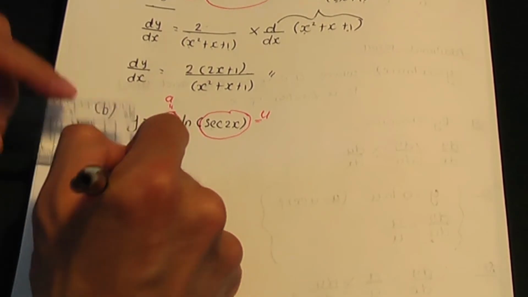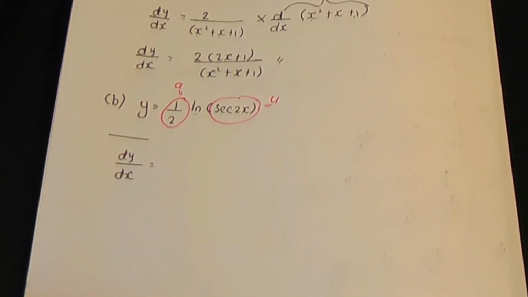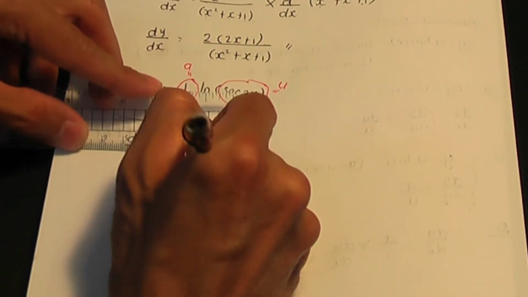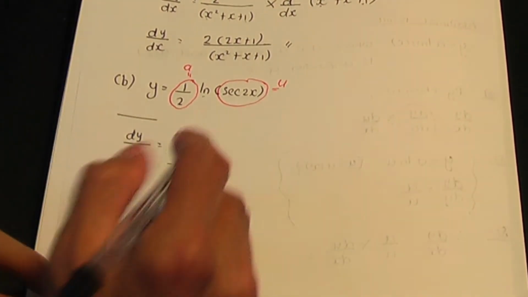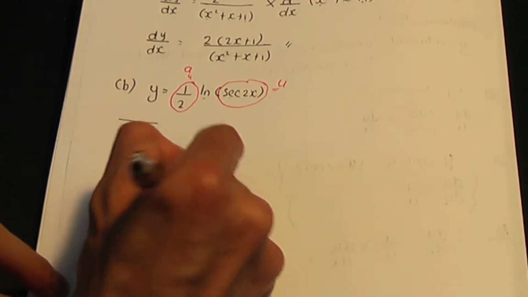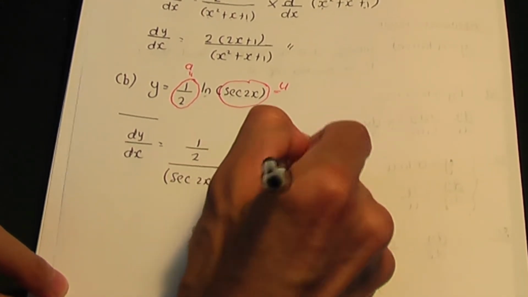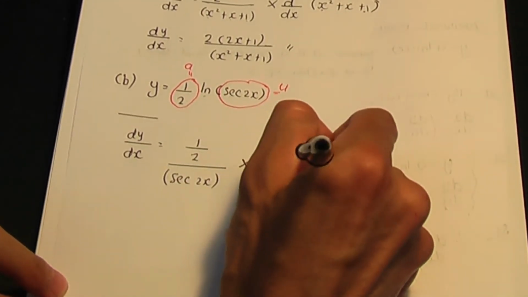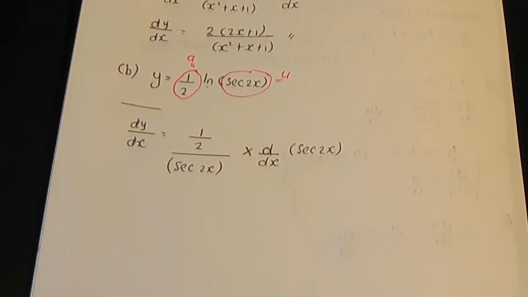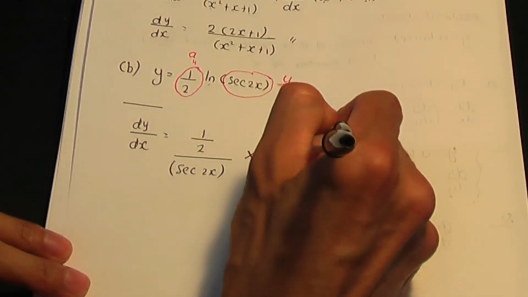So dy by dx, let's calculate the derivative. It's a divided by u, so it's half divided by sec 2x, multiplied by d by dx of u, where u is sec 2x. Now it's a matter of tidying this up.